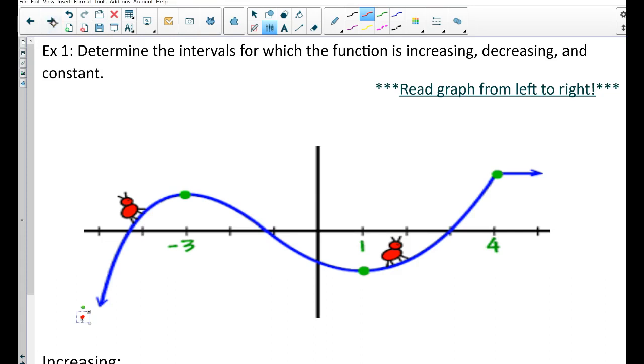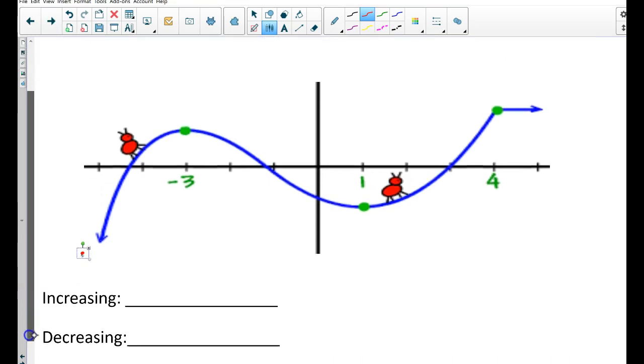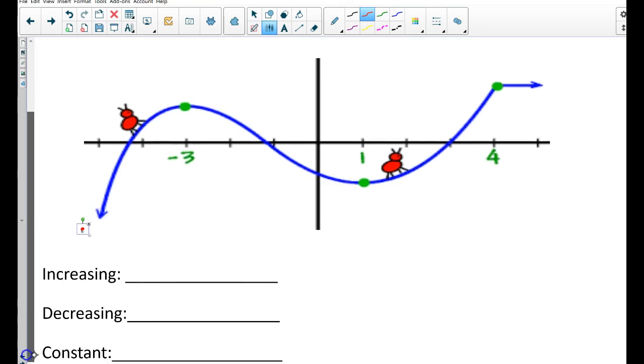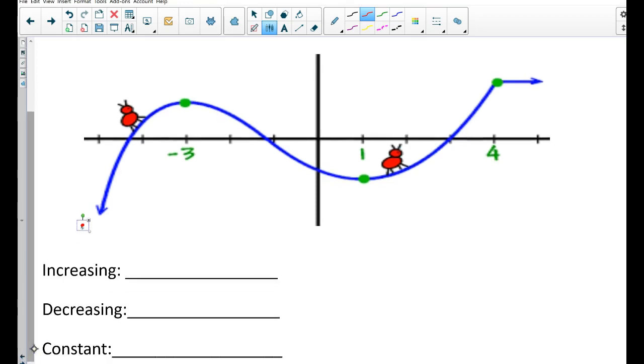When we're looking to see if a function is increasing or decreasing or staying constant, we define it over our x interval. So let's take a look here. As I start reading from this point, I'm going up as my x values increase, until I hit that value -3.